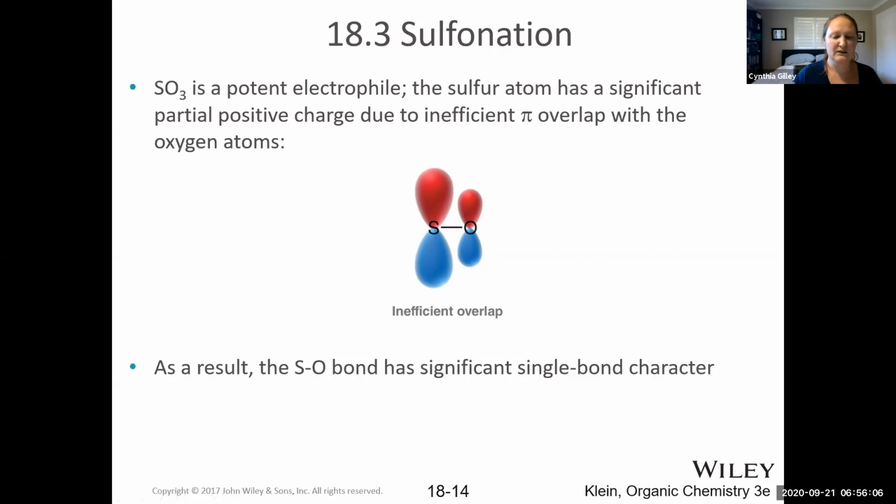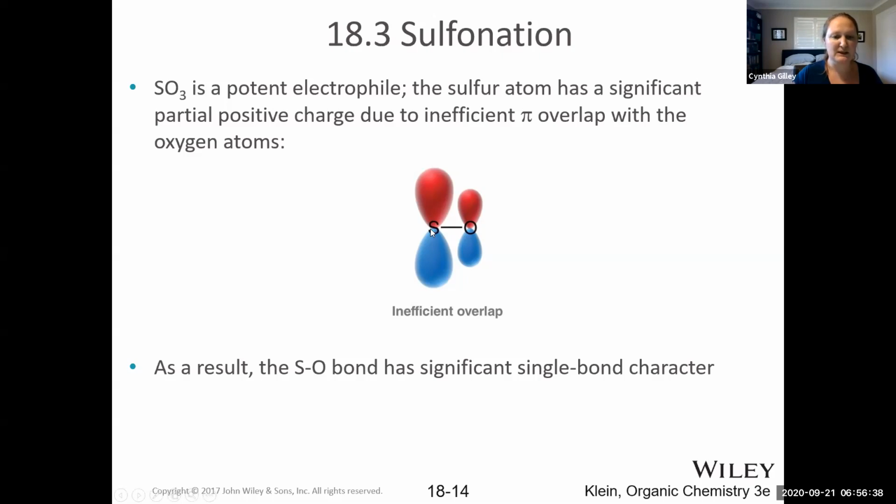The reason why there's inefficient p orbital overlap, which is essentially the formation of the pi bond, is because of the size of the p orbital being used to form the pi bond. Oxygen is using a 2p atomic orbital, and sulfur is using a 3p. Because they're not the same size, they don't have as much of an overlapped region, and therefore the pi bond is not as strong as it would be, for example, if the sulfur was a carbon.